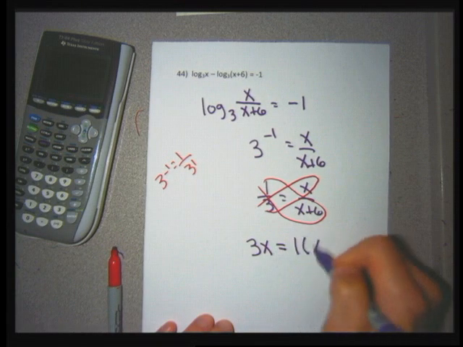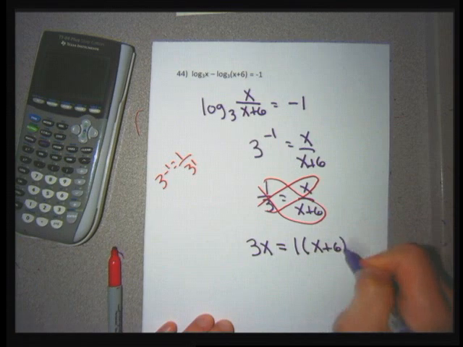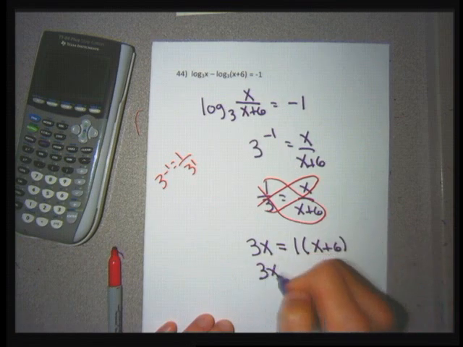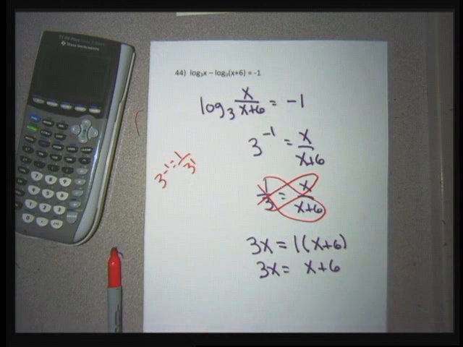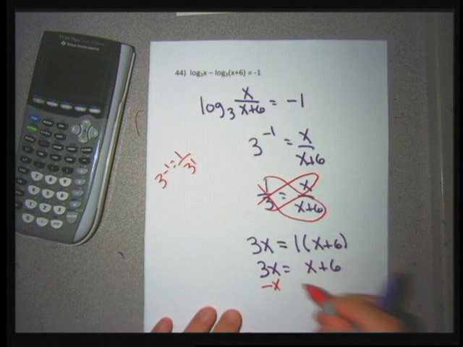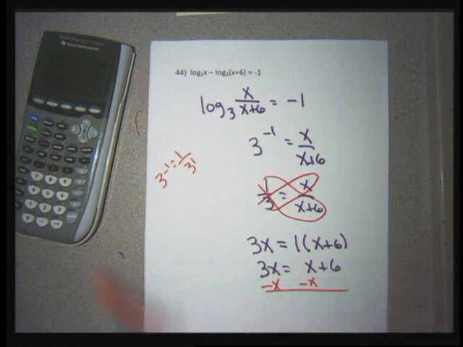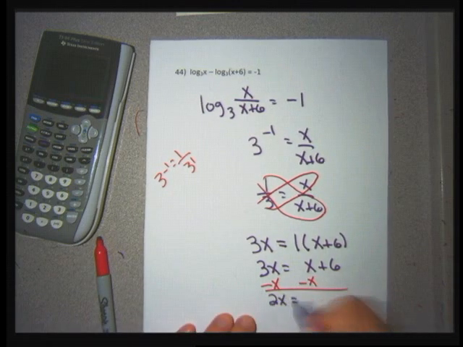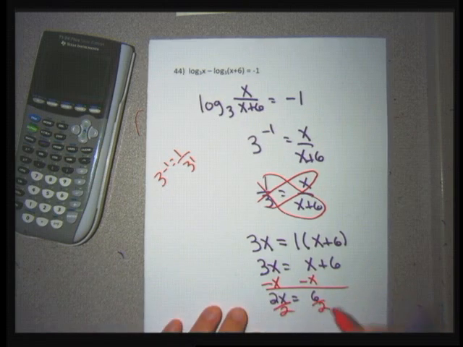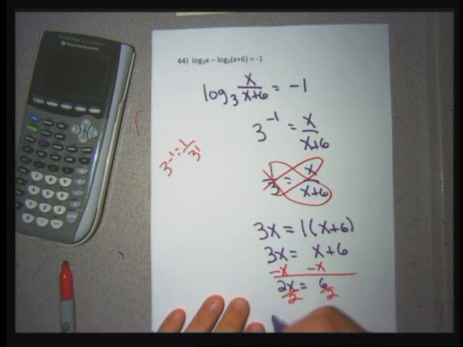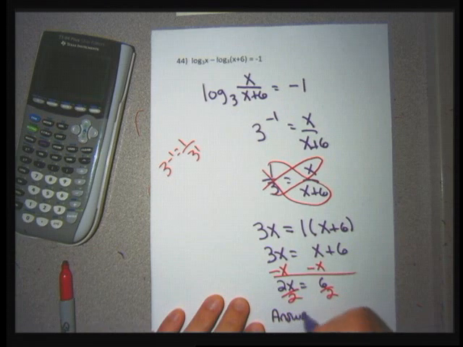Cross-multiplying down, I get 1 times x plus 6. That gives me 3x equals x plus 6, because 1 times anything is itself. Minus x from both sides, and get 2x equals 6, divide by 2, and get my answer of x equal to 3.